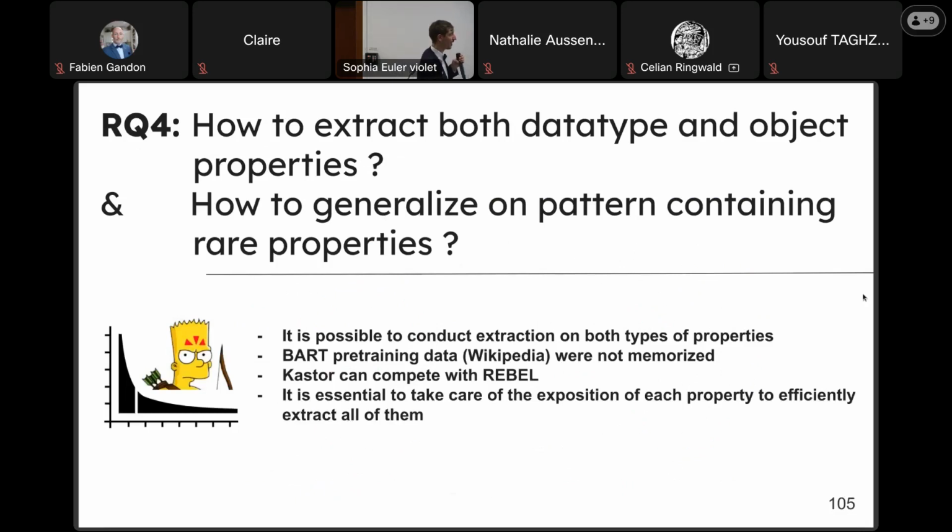From our last works, we demonstrated that it is possible to extract both types of properties. We also saw that BART pre-training data were not memorized. We saw that CASTLES can compete with REBEL, and we also saw that it is essential to take care of the exposition, not only of the rare properties, but also of all properties, to extract all of them effectively.